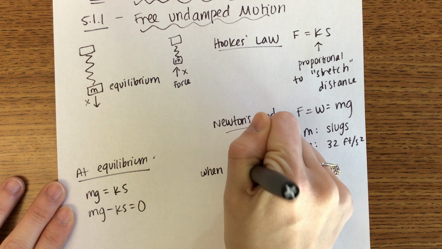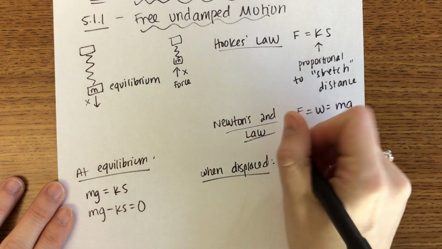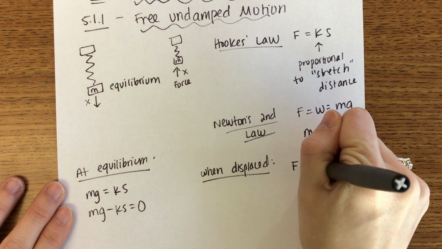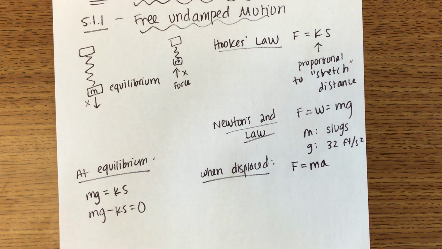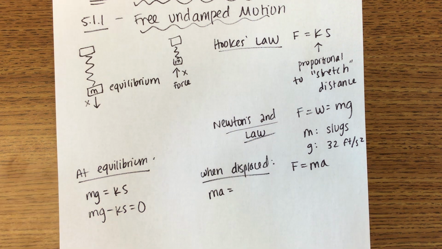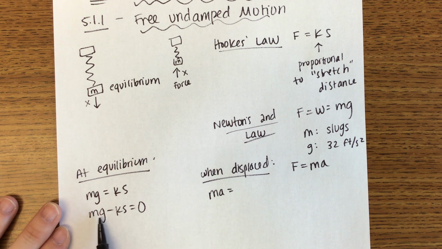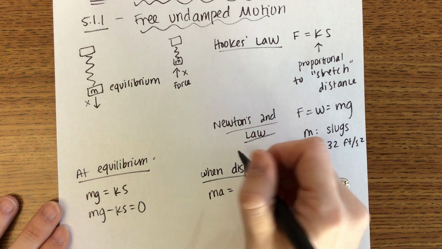When the object is displaced, the net force is equal to ma. So if the object is displaced, there's still force due to gravity, there's still force due to that spring. So we have a net force then. That net force is going to be the force due to gravity, which doesn't change.